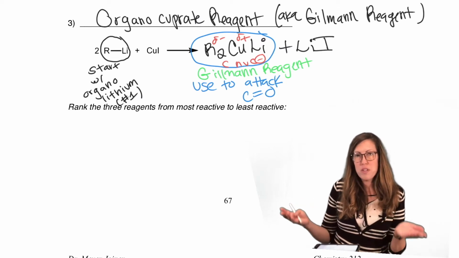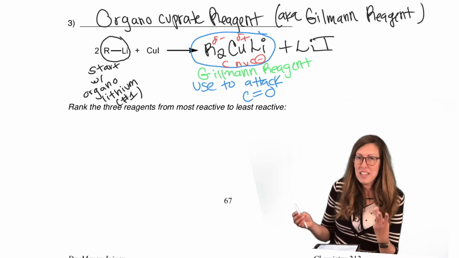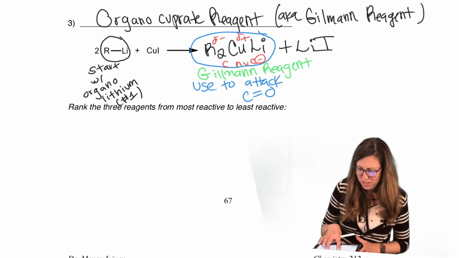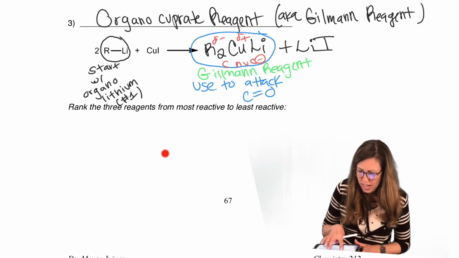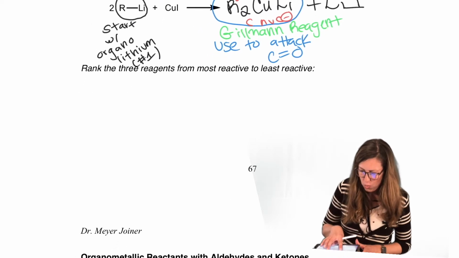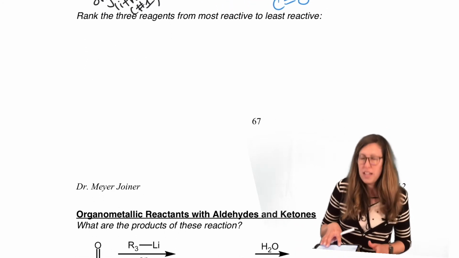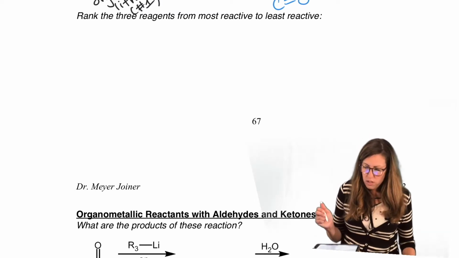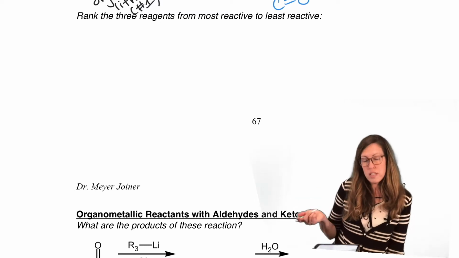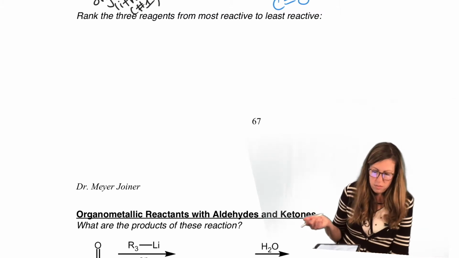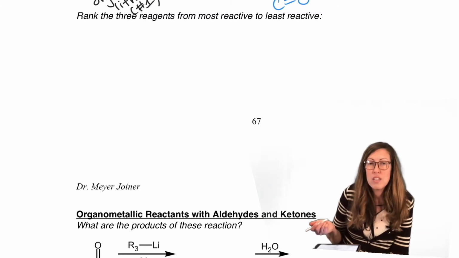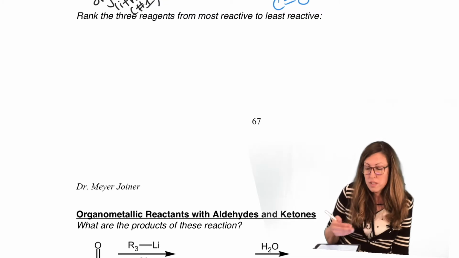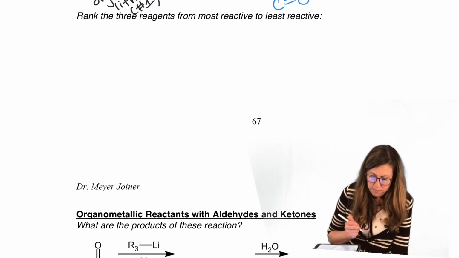We're actually learning more than 3, but 3 organometallic carbonyl reagents. So 3 things that can attack a carbonyl that are also organometallic. Why? It has to do with the fact that they're not all equal. They have different reactivities. And so we're going to rank them and take advantage of that reactivity. And sometimes that will help us out, like it has before, with achieving the results we want.